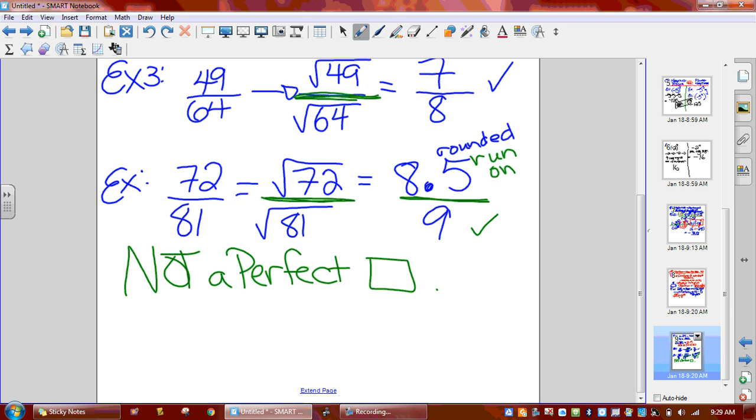It is not a perfect square, and it's because the top number gives us a run-on decimal. So that tells us right there, what are non-perfect squares? Numbers that create another kind of number: run-on decimals. So we're going to take a look at those non-perfect square roots, and that's going to wrap up Unit 1 here.